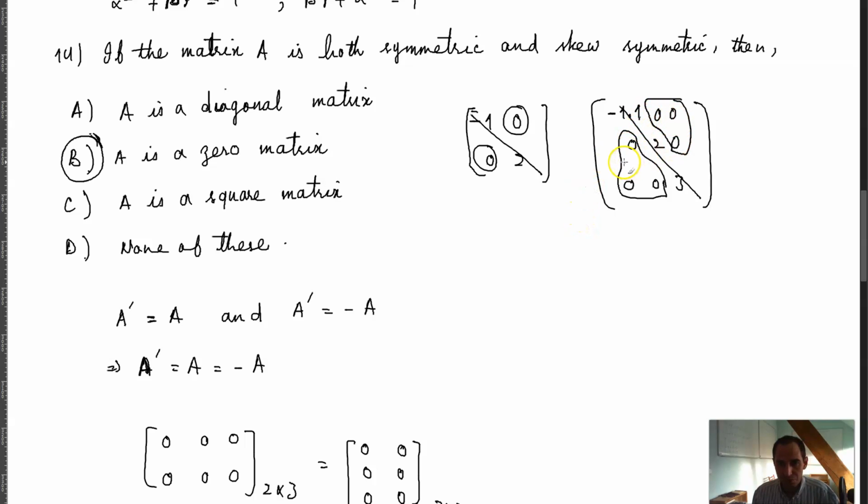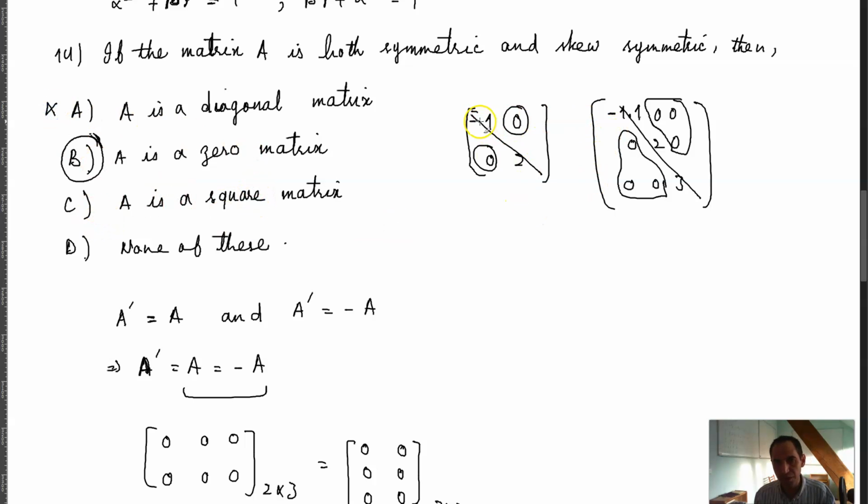Now what we are saying here is that A prime is equal to A is equal to negative A, and at least this part is not true in the case of every diagonal matrix, which means that I can rule this out.